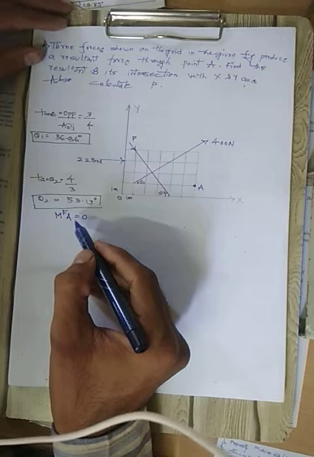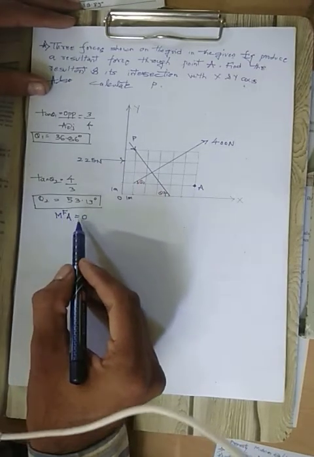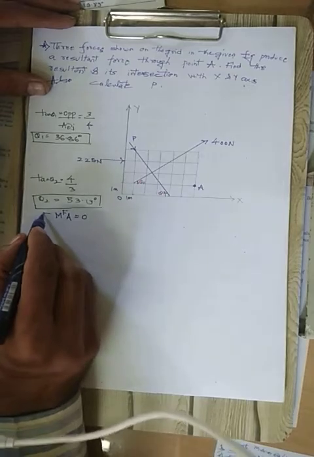The summation of moment of all forces at point A is equal to 0. That is given in the question.